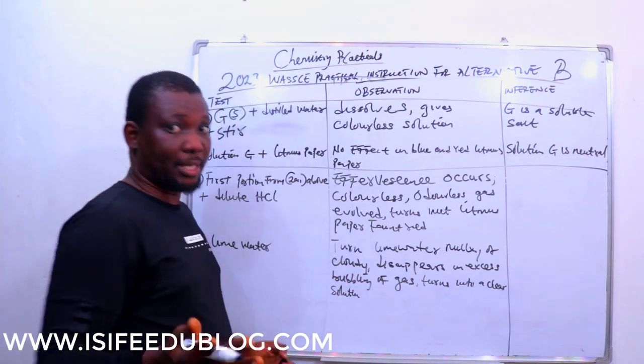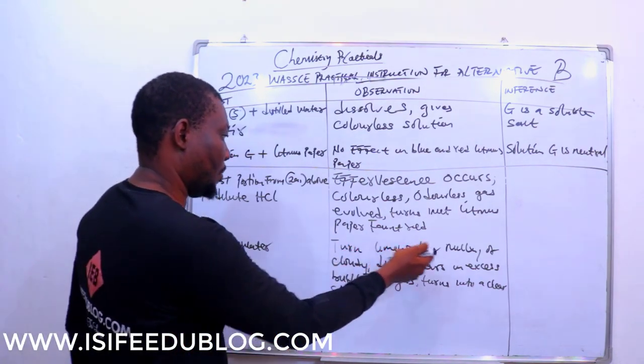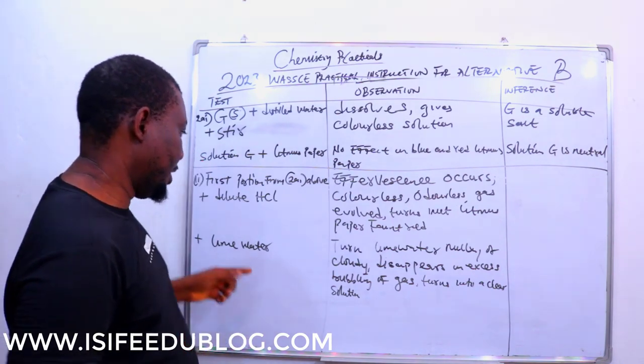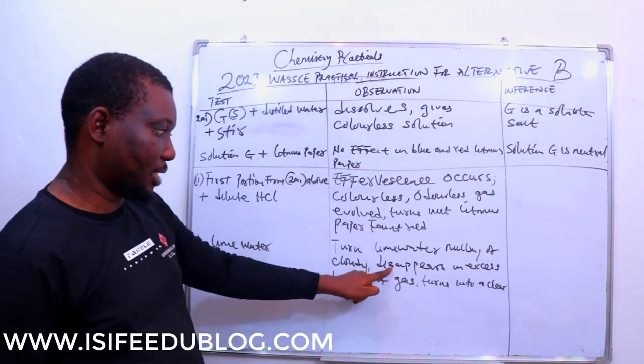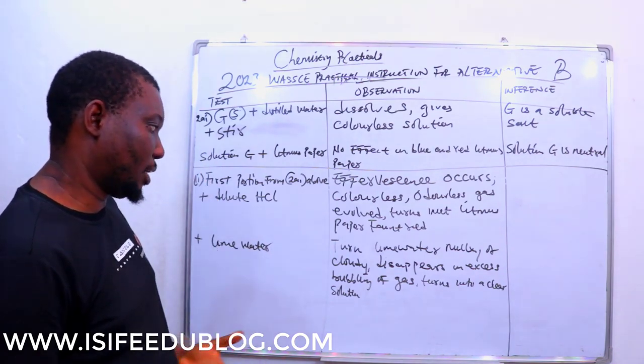Okay, that is if they ask it, but if they don't, just stop here: turns lime water milky or cloudy. But if they say bubble it in excess, then add that it disappears, and excess bubbling of gas turns it into a clear solution.